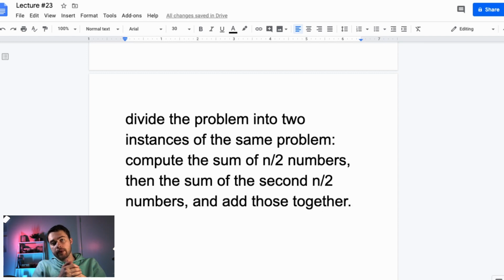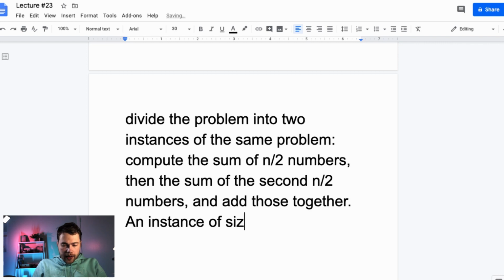That will be a perfect example of a divide and conquer algorithm. Again, not decrease and conquer, but divide and conquer algorithm. Hope it makes sense.